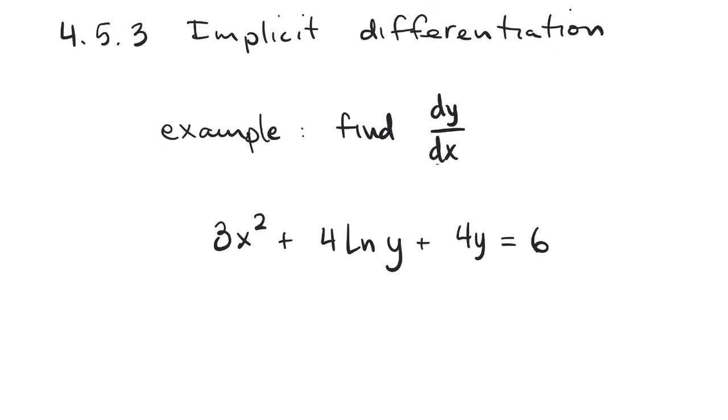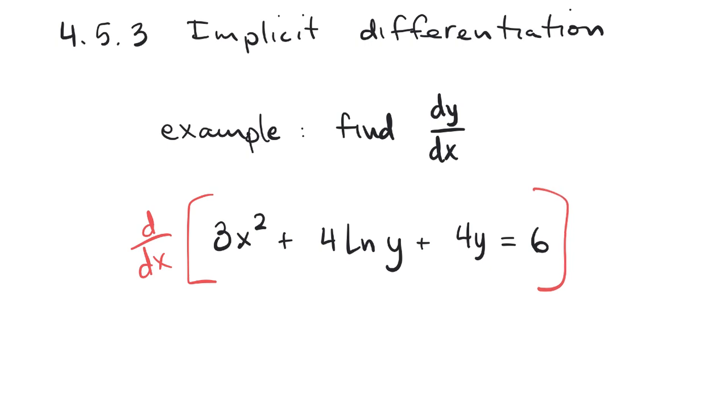Okay, last learning target, 4.5.3. We're going to do implicit differentiation with natural logs. Remember, implicit differentiation is just chain rule. So if we differentiate this with respect to x, we differentiate each term at a time.